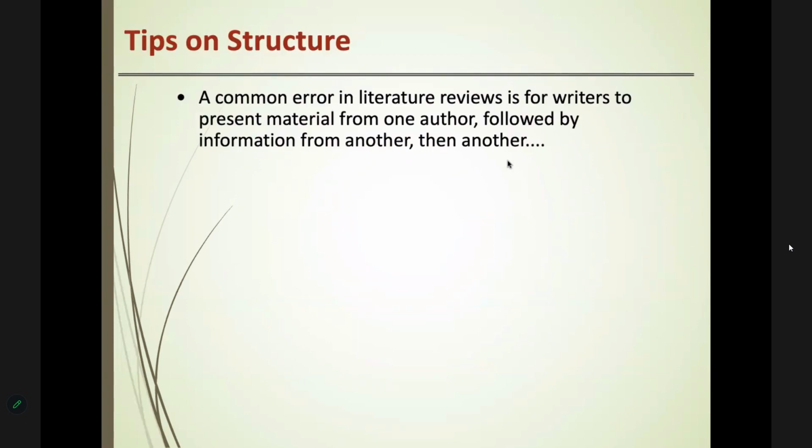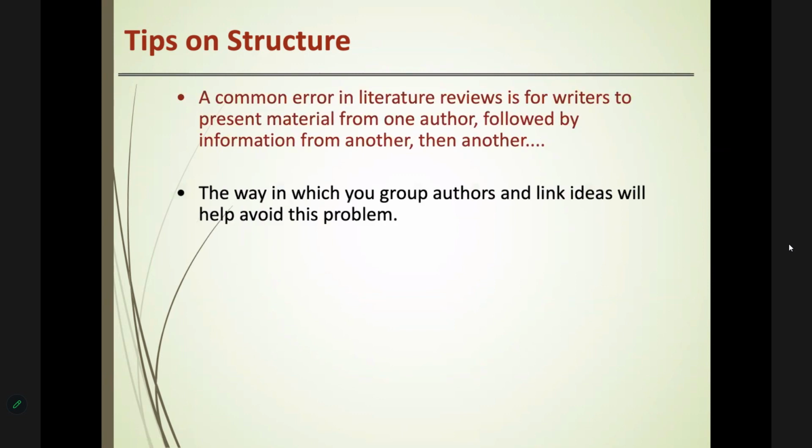A common error, I again insist, is presenting material from one author, followed by another author, then another author. Some students clearly write one paragraph with one reference, a second paragraph with another reference, a third paragraph with another reference. When the paragraphs look like that, it clearly shows that you are just reporting paper by paper. Rather than that, you have to link all the papers together and write one paragraph with three or four references.